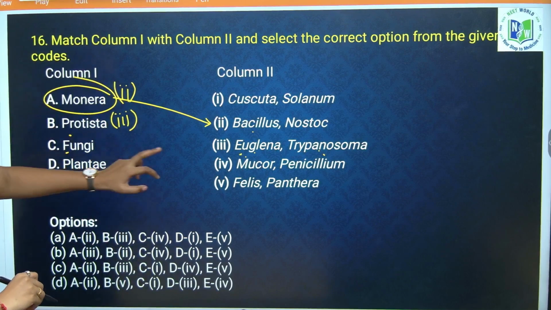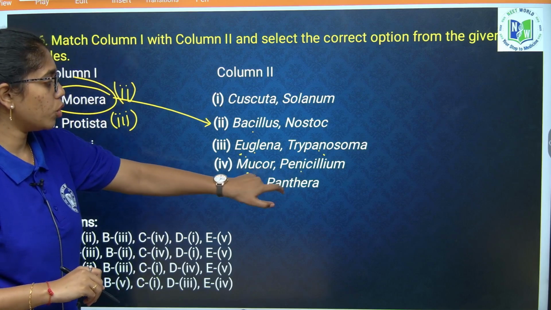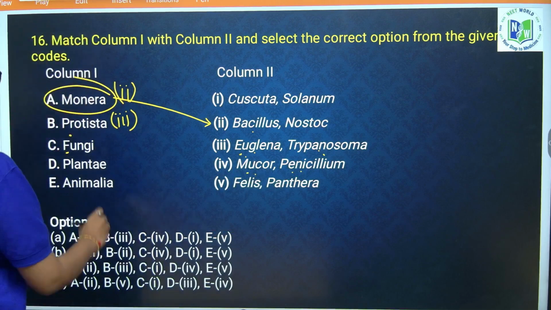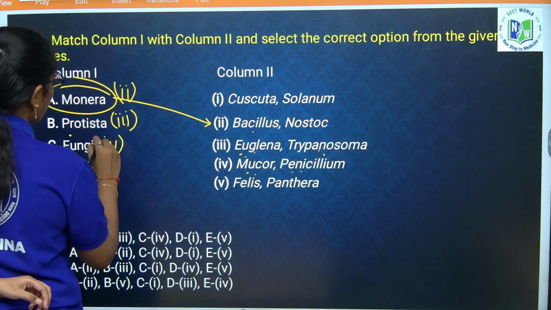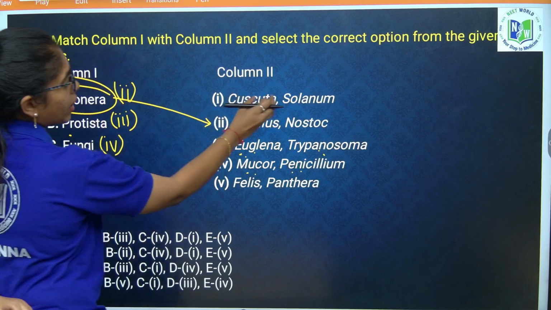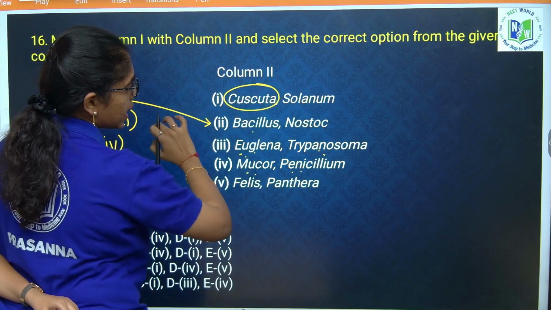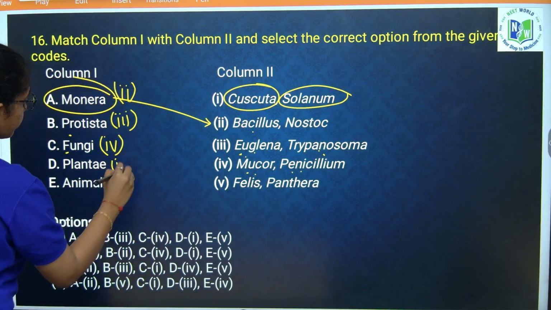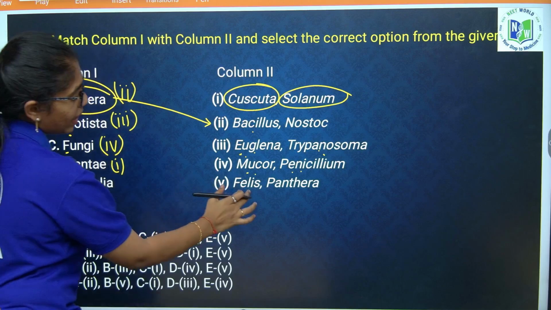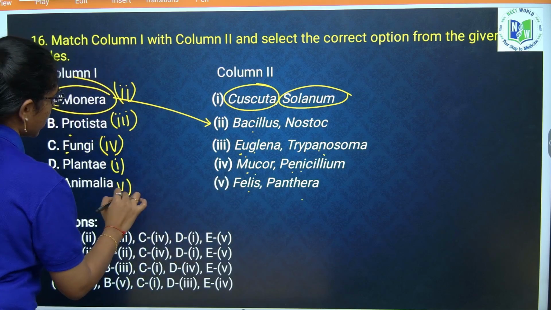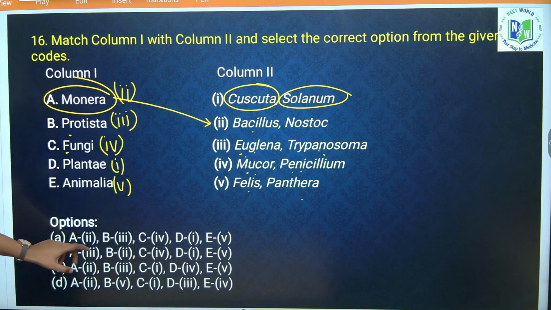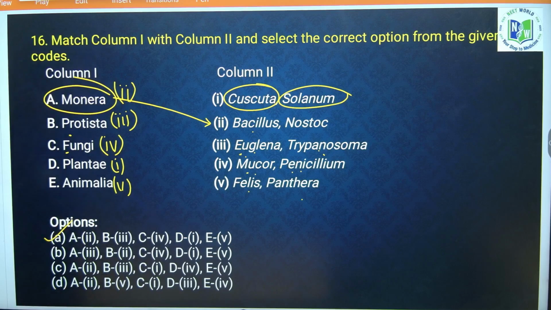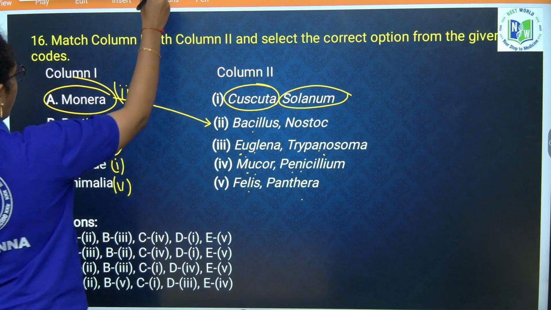Fungi, Mucor and Penicillium. Mucor belongs to what class of fungi? Phycomycetes. Penicillium belongs to Ascomycetes. This is option 4. Plantae, Cuscuta and Solanum. Cuscuta is a parasitic plant. Solanum belongs to the family Solanaceae. Next, Animalia, Felis and Panthera, option 5. So if you look into the options 2, 3, 4, 1 and 5, option A is the correct answer.